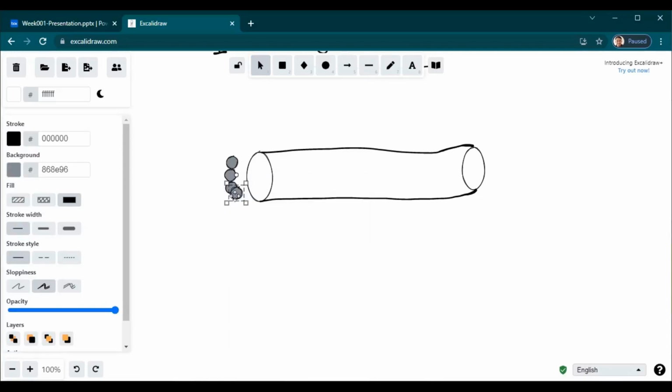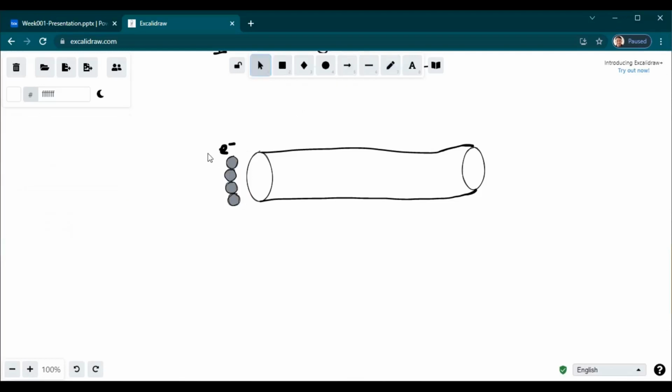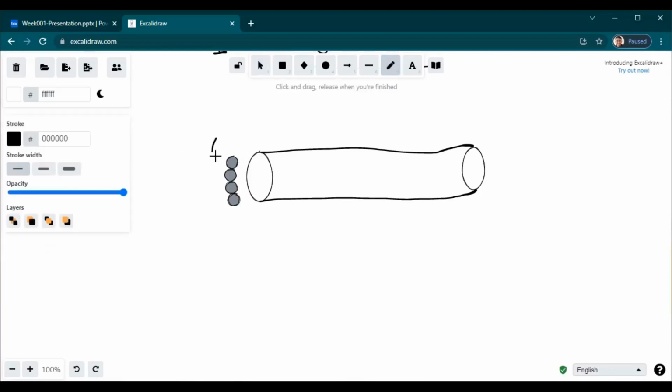For example, these are our charges. So this is one, let's say one electron, electron, electron, electron. Or let's just say charges, because there will be very, very many electrons that will pass through our conductor.